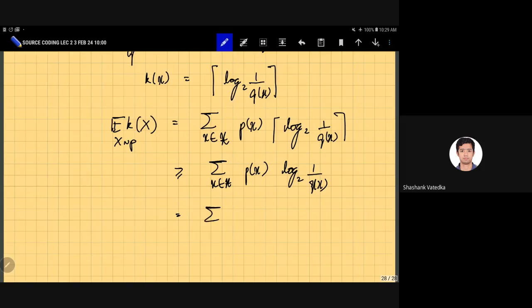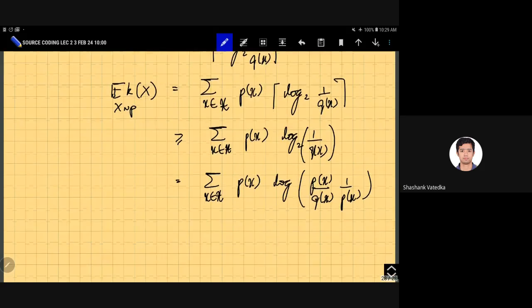Now let me multiply and divide this term by p of x. So can someone tell me what this simplifies to? If I split the term within the log, KL divergence, right?